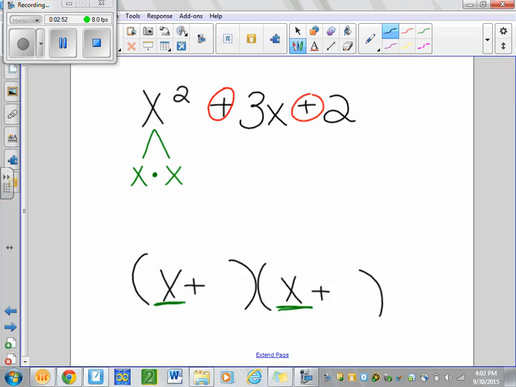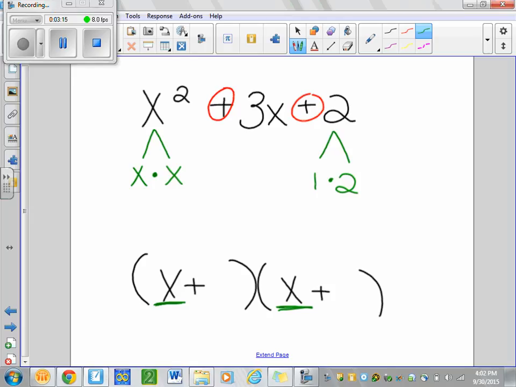So I've got the first terms of my binomials. I'm almost there. The next step would be to take your factors of your last term, 2. I need to figure out what two things multiply together to 2. Well, in our case, the only two things that multiply together to 2 are 2 and 1.